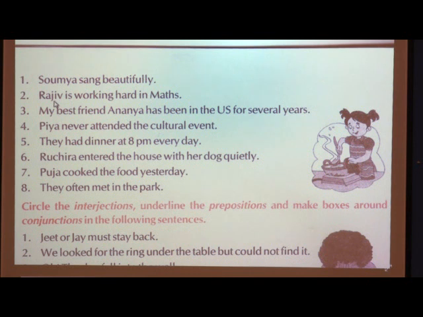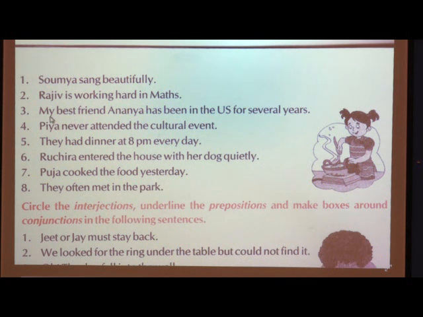Next sentence: Rajiv is working hard in maths. Here the verb is working, and how is he working? Hard. So, underline is working and circle hard. Hard is an adverb.